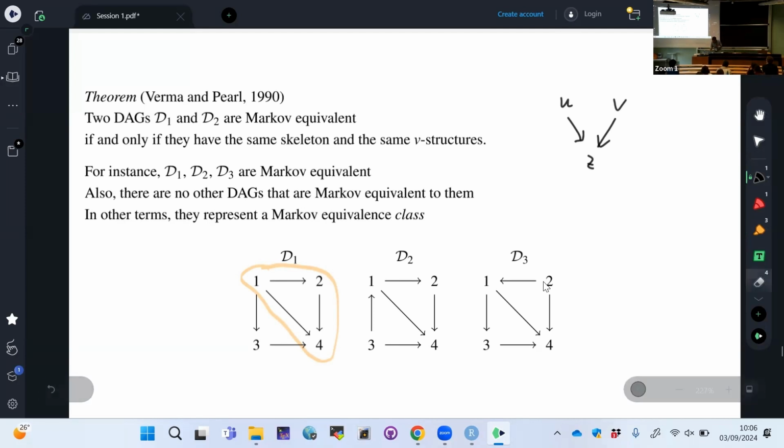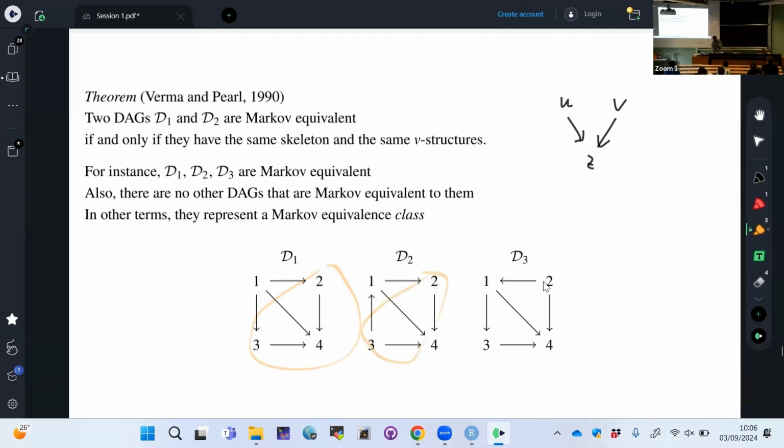So in this case, the V structure is 2, 3, and 4, because 2 and 3 are not connected, and they both point to 4. You agree? D1, D2, and D3 all have this V structure.